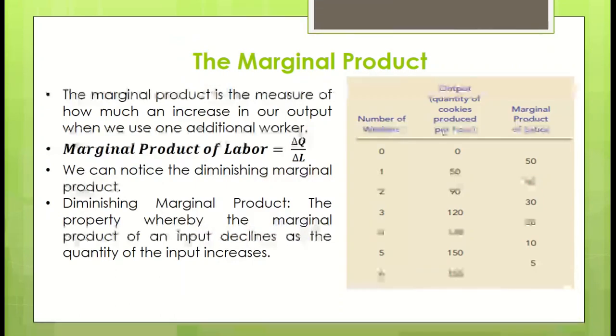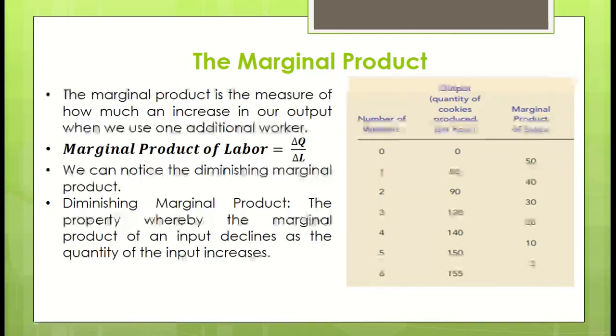Look here in this example, output rises by a smaller and smaller amount for each additional worker. 50 to 90, then 120, 140, then a very small change of like 10 units, and then the change is 5 units. So output rises by a smaller and smaller amount for each additional worker.